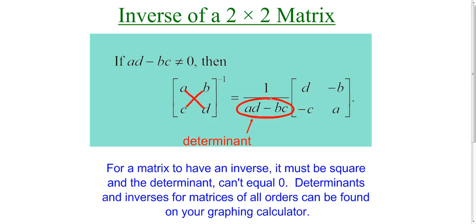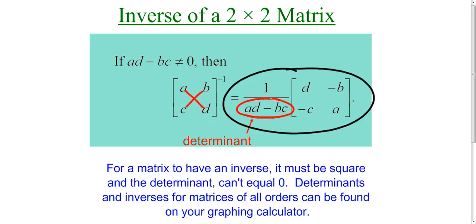If your determinant is 0, then you can't find the inverse. Because to find the inverse, you need to use this handy-dandy little formula. And since you can't divide by 0, if the determinant of a matrix is 0, you can't find the inverse. Okay? So in order for a matrix to be inverse, it has to be square, and you can't have a determinant of 0. All right?